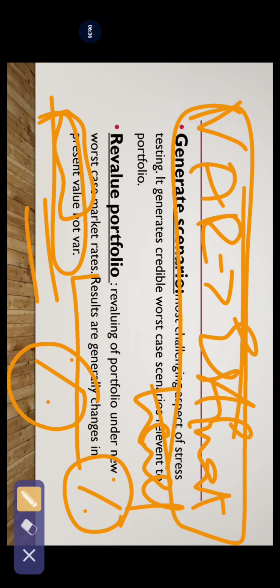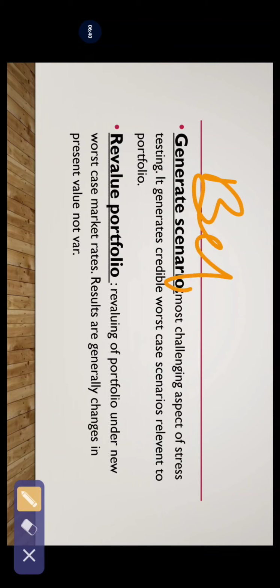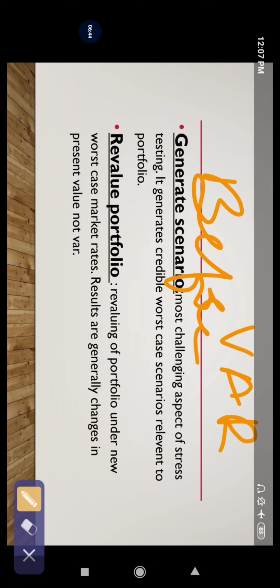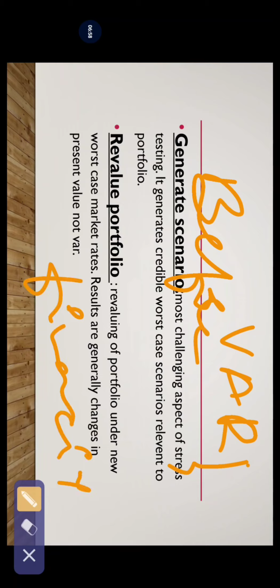So that is what the present value is. Before one month, you did one VaR method to analyze the percentage of the losses you may come across, but in that month you didn't know that in the coming month or coming year there will be a financial crisis.